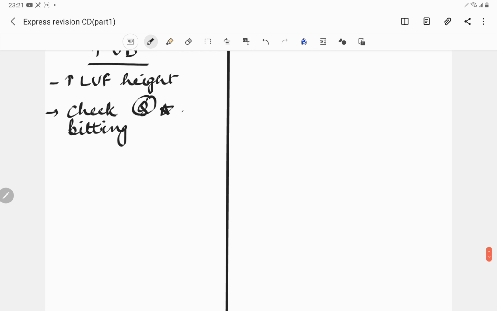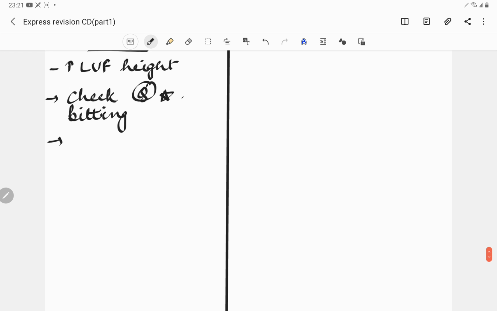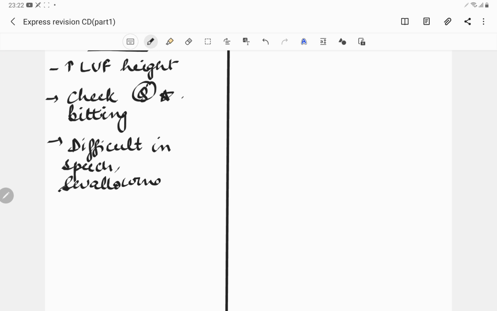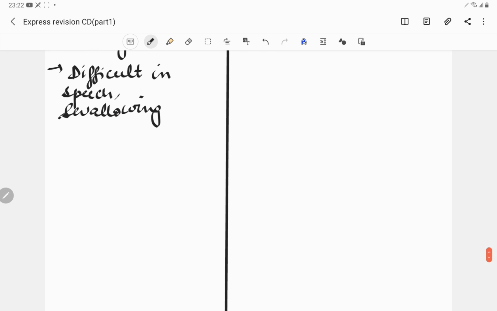Right? So there is going to be difficulty in swallowing, difficulty in speech, and there is going to be stretching of the closure muscles of the face.